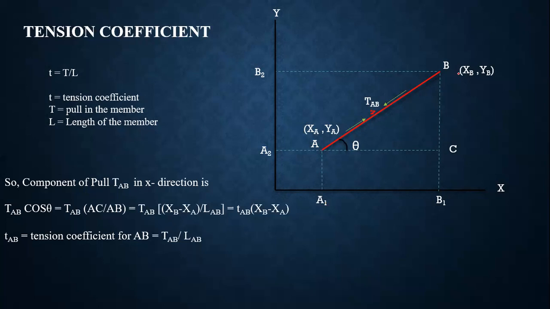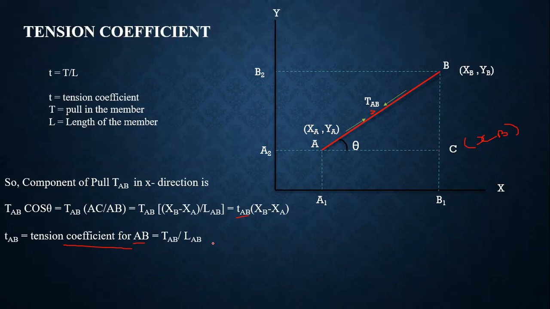There is no distance in Y direction, so the value of AC will be XB minus XA, as the coordinate of C will be XB. AB is LAB, meaning length of member AB. So it should be small tAB bracket XB minus XA, where tAB is the tension coefficient for member AB, that is TAB upon LAB.